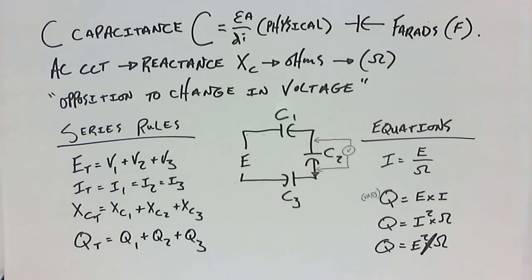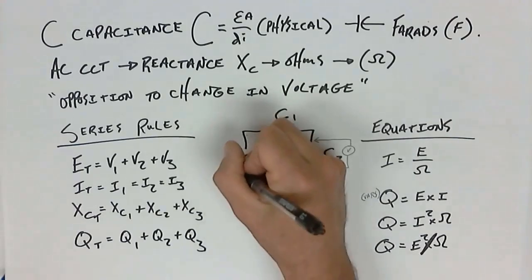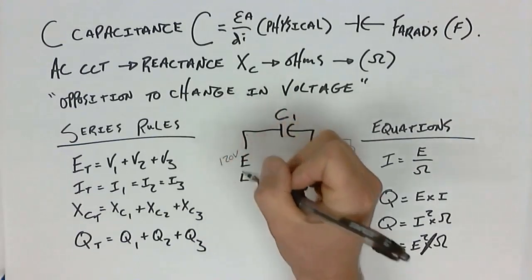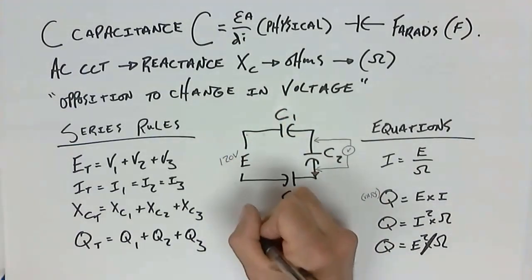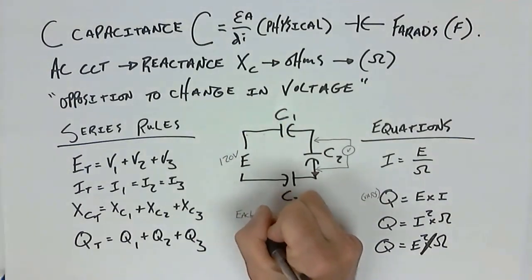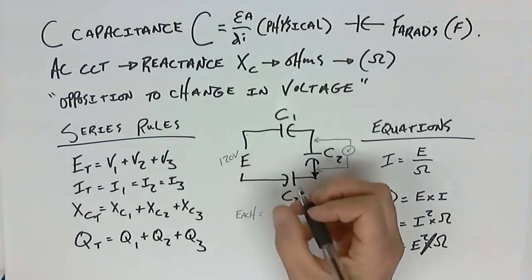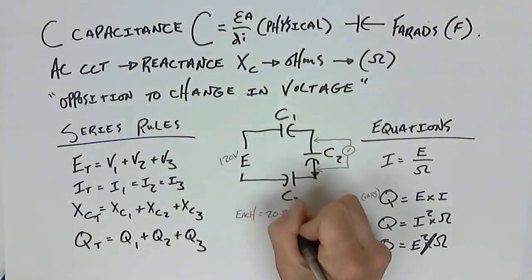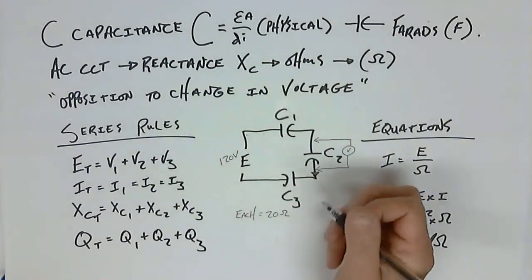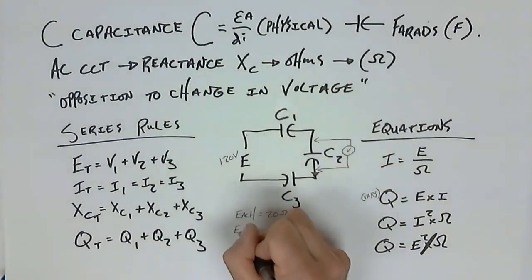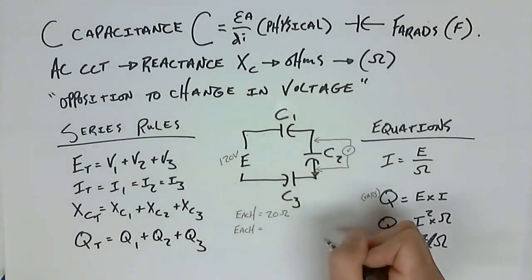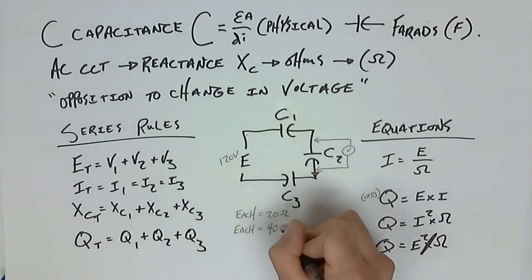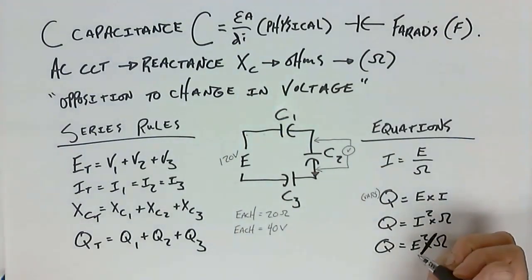So just like the same two previous examples, I'm going to assign 120 volts to the source. I'm going to say each of our capacitors has a capacitive reactance of 20 ohms, and each of my capacitors would then have 40 volts measured across.